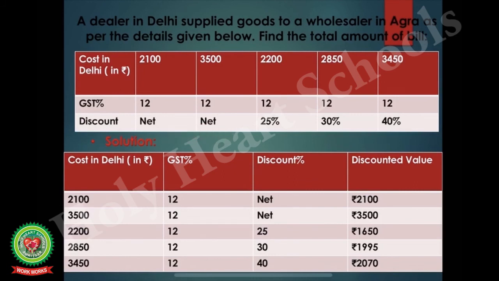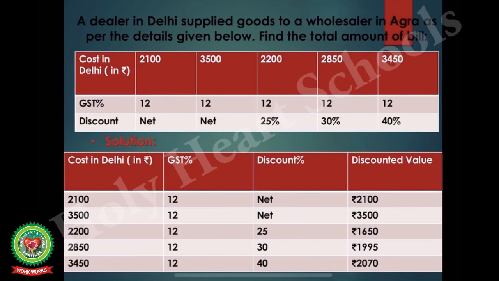And students, in this example, the goods have been supplied from Delhi to Agra. So it will be a case of interstate transaction. That is, we are going to charge IGST only. Now for the solution part, we are going to make a table like this one, where we have given the headings as cost in Delhi in rupees, GST percent, discount percent, and the last one is discounted value.